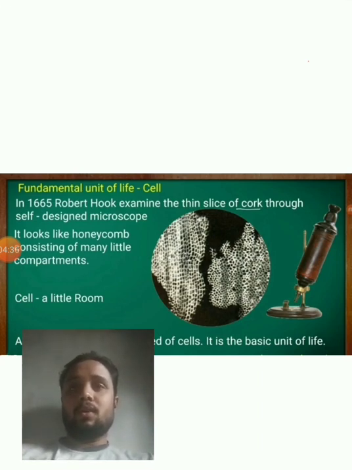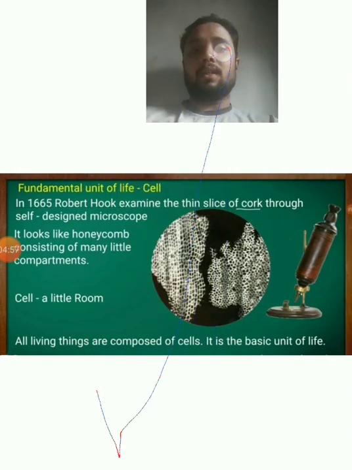In a honeycomb, the holes are adjacent to one another. Cells are also like that, as you see in the pictures. There are millions of cells, and each cell is like a little room.